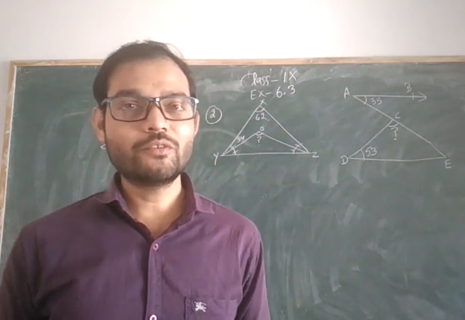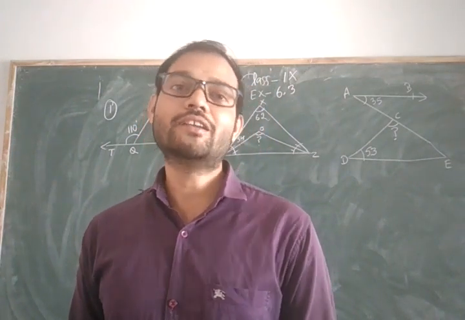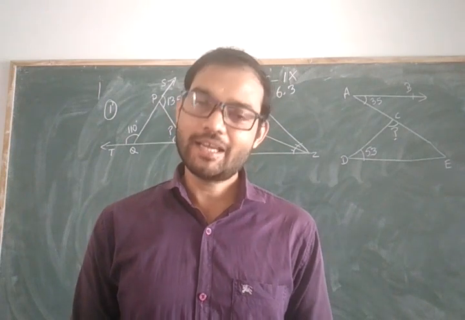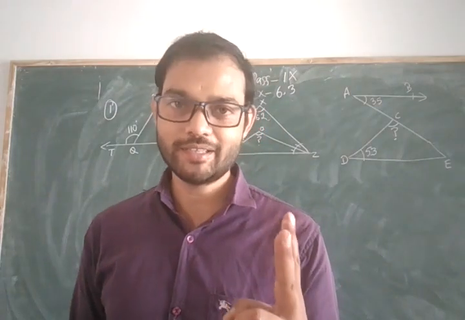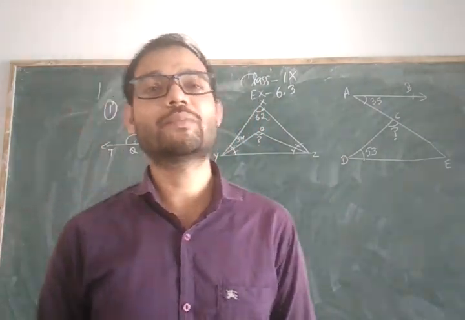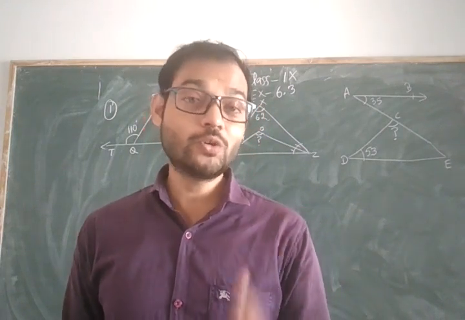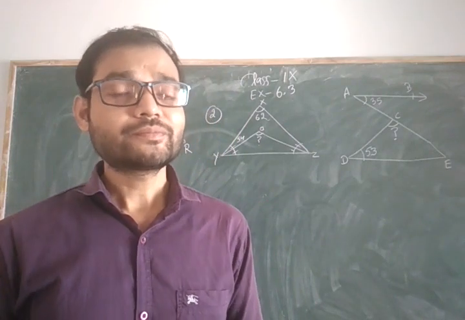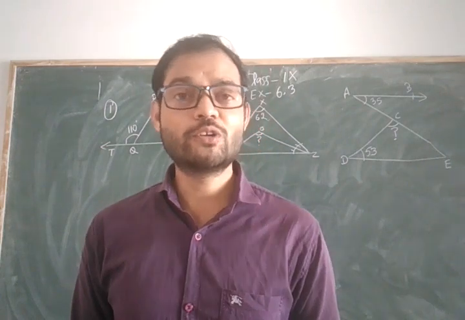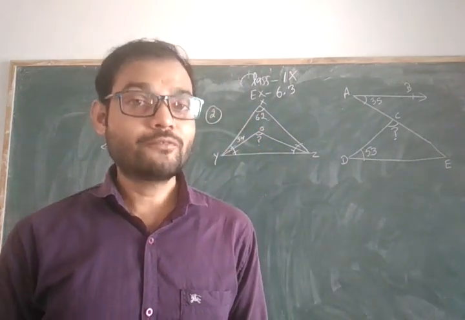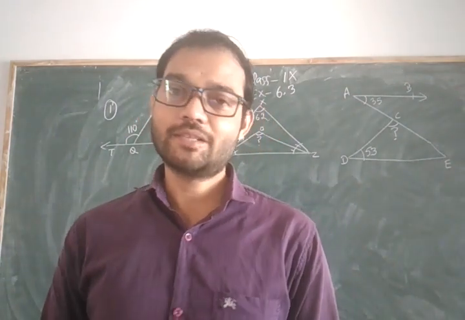Always remember one thing, that whenever you are finding any angle in a triangle, you can apply the angle sum property, but before that you have to know at least two angles. ठीक है, आपको वो एंगल सम प्रॉपर्टी लगाने से पहले ये पता होना चाहिए कि you have already two angles of that triangle. And second thing, अगर मान लो आपको उसमें दो एंगल्स नहीं पता है, you have only one angle, for that you have to find out the second angle also before applying the angle sum property.